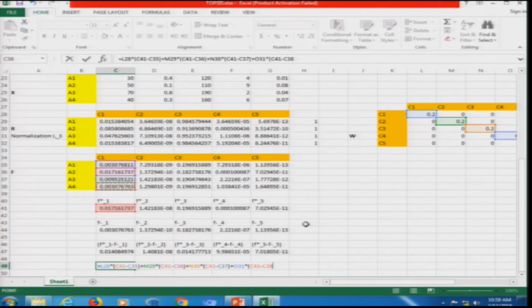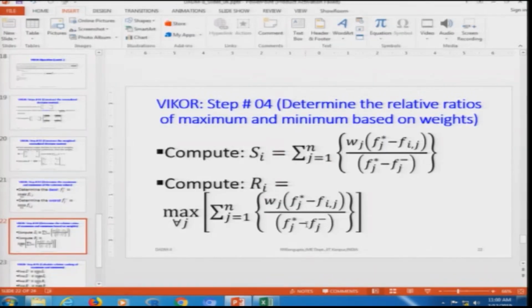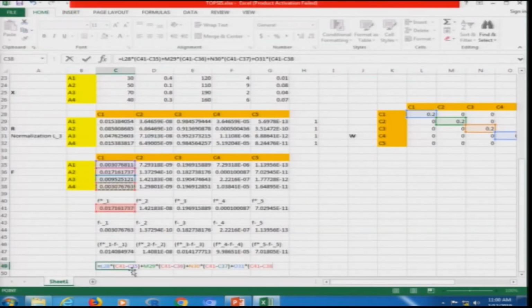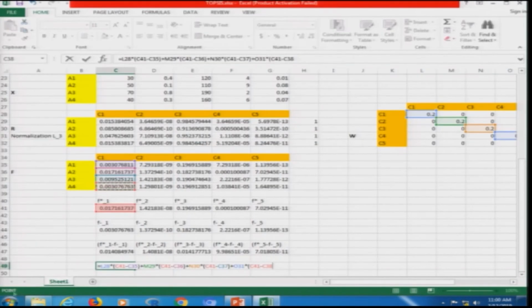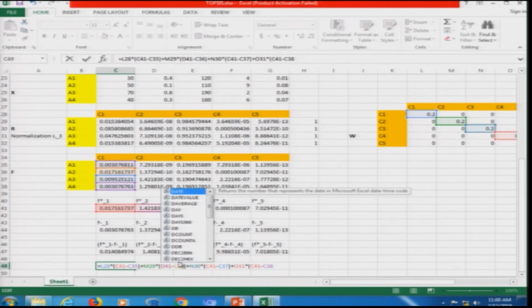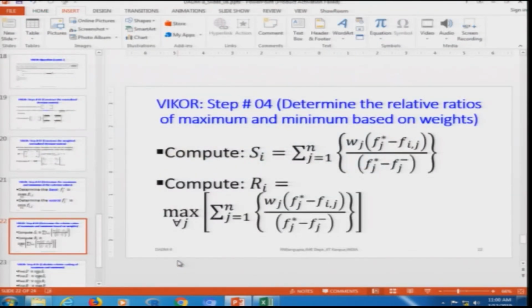So, you will basically have, let me check, j equal to 1. So, weights minus this, minus j equal to 1.